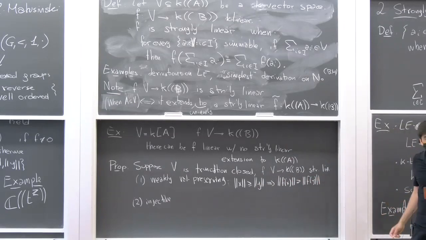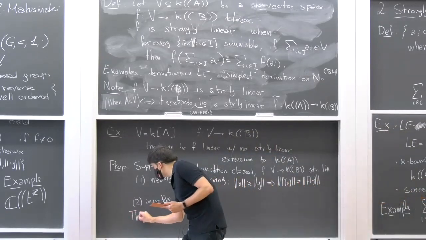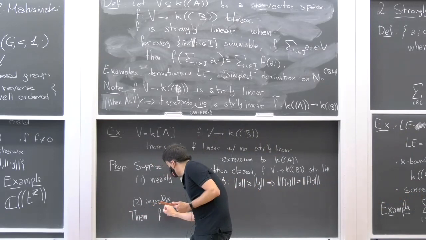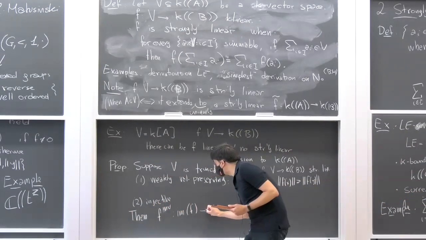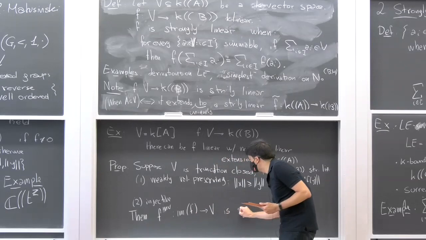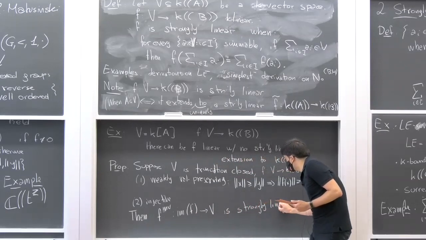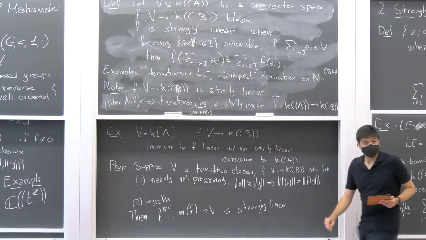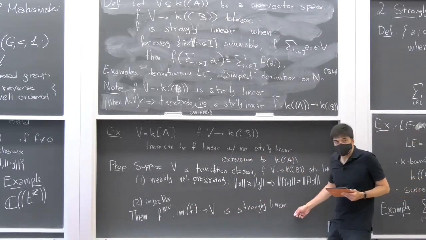Then the inverse of f, from the image of f back to V, is strongly linear. It's a linear map because injective maps have inverses, but it's also strongly linear.